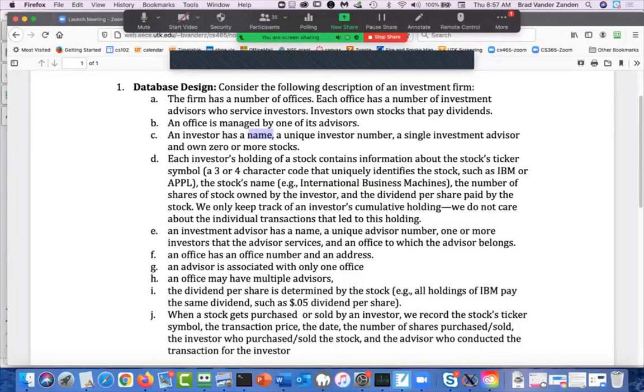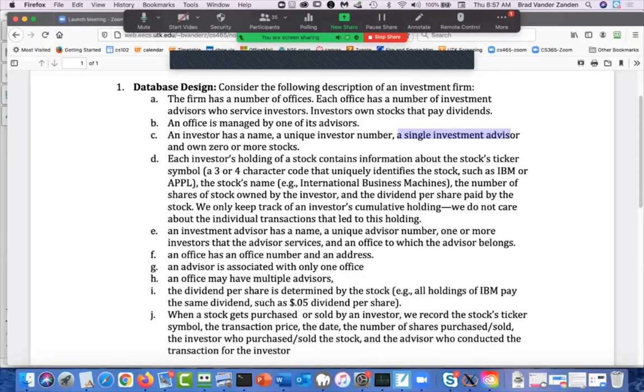So the name is a descriptive attribute. Actually, the investor number is a key. And then we have a single investment advisor. So we know kind of in the relation for an investor that they're going to have a pointer to an investment advisor. So they have a single investment advisor and they own 0 or more stocks.